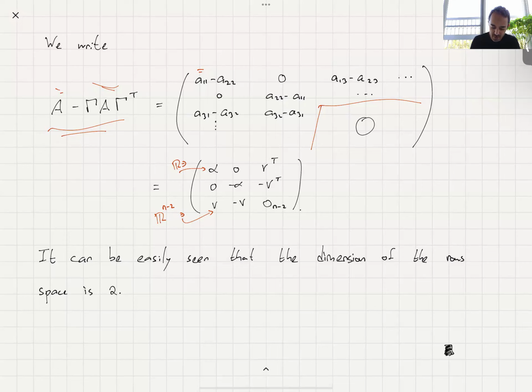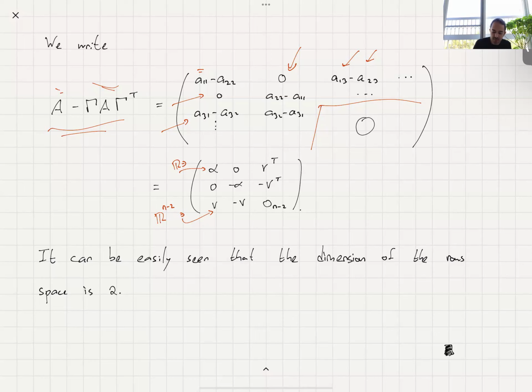And this is actually A12 minus A21, but because A is symmetric, it's the same, so you get a 0. And generally, you get A13 minus A23 and A31 minus A32, and so forth.